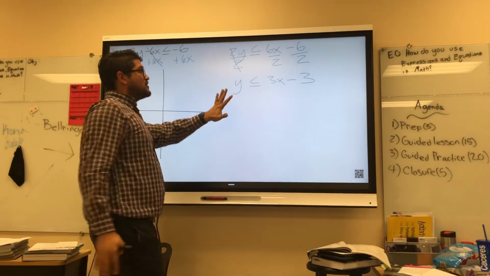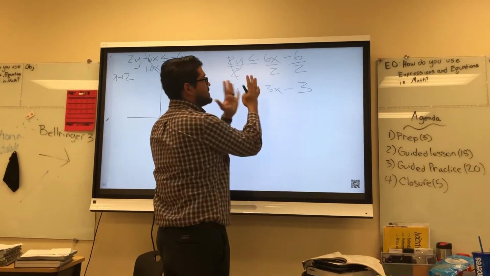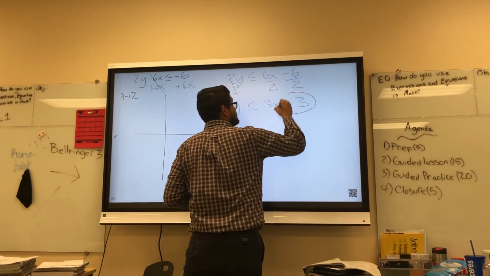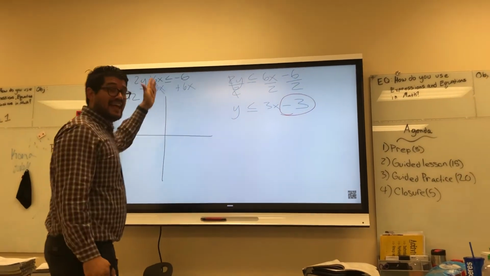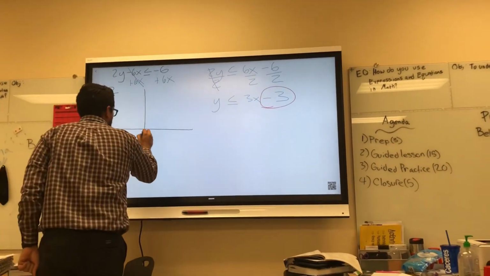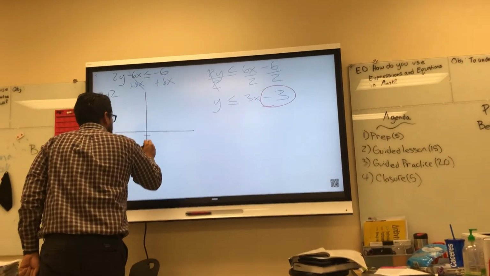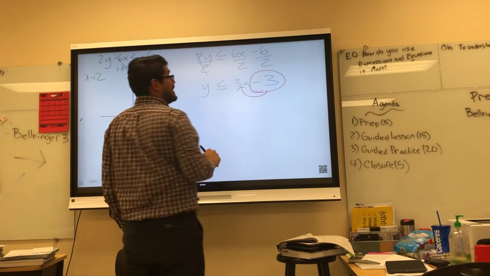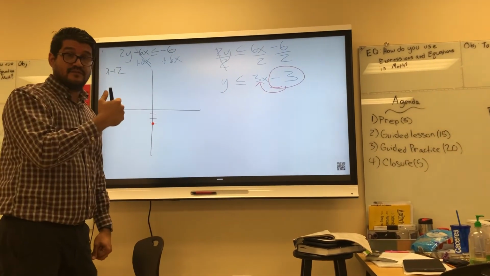Okay? Now some of the questions you're going to be given are given in this form, which is very easy. This is the y-intercept. This tells you where to start on the y line. So that says -3, so I start 1, 2, 3. I start right here. Okay, and from this dot, this number here tells you how to get to the next dot.